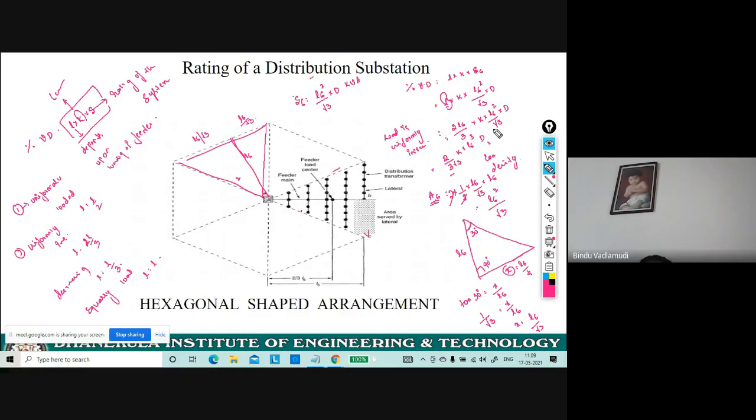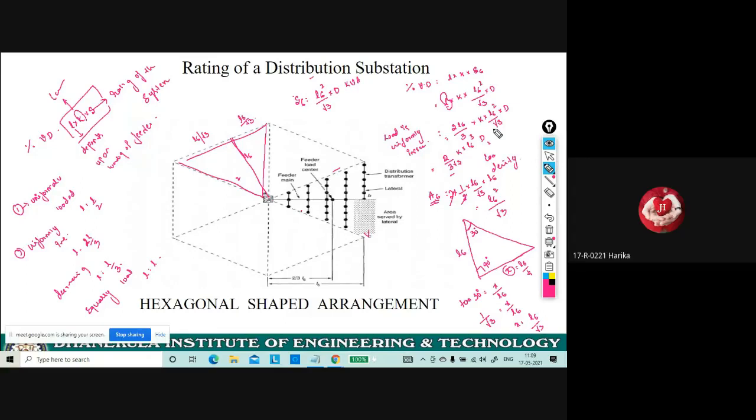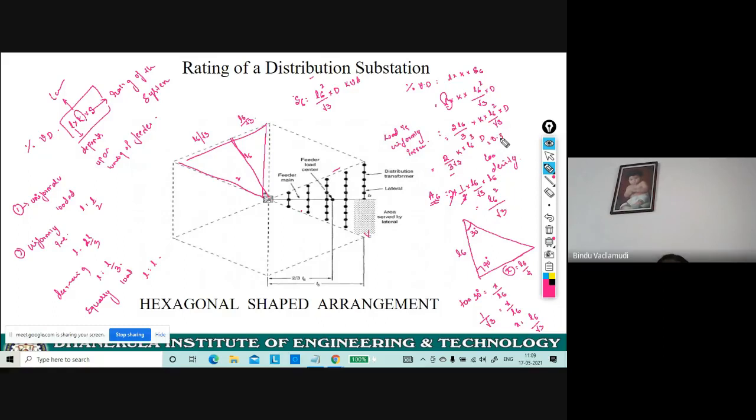Is that much time required to calculate the value? Are you all there? 0.38, ma'am. So 0.38 K into D into L6 cube.